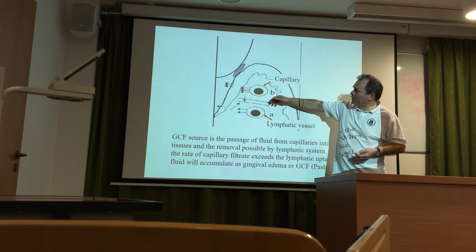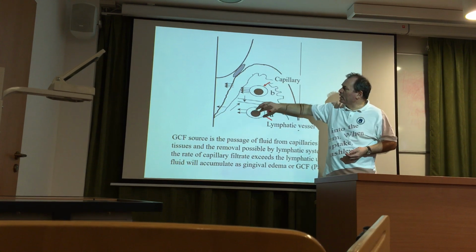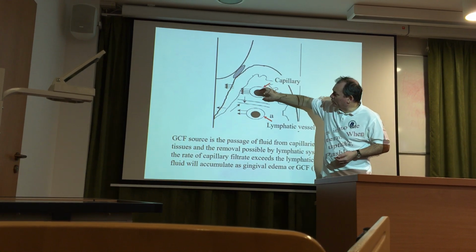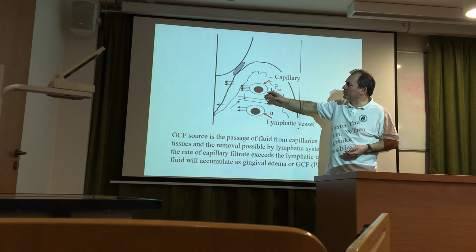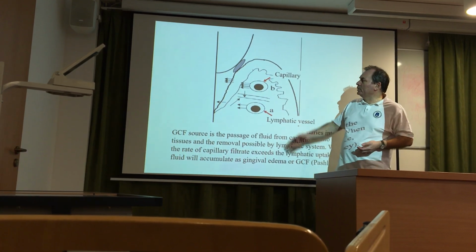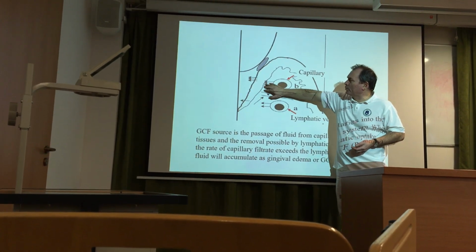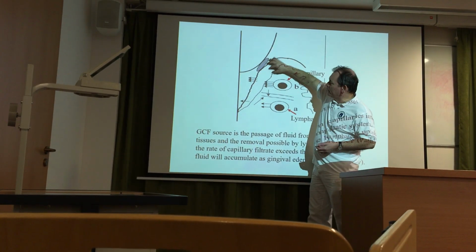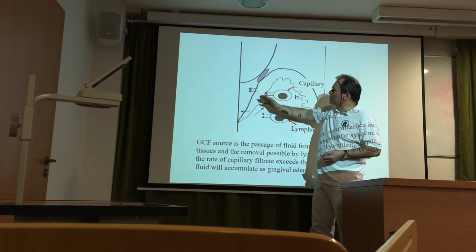You can see here the transudate theory. We have the blood vessels, of course, and through the walls of the blood vessels, the blood plasma will migrate into the extracellular space and through the epithelial lining into the sulcus.